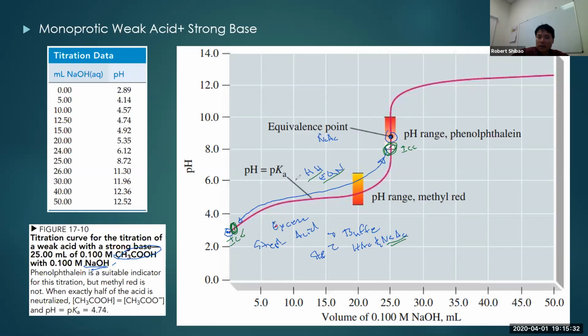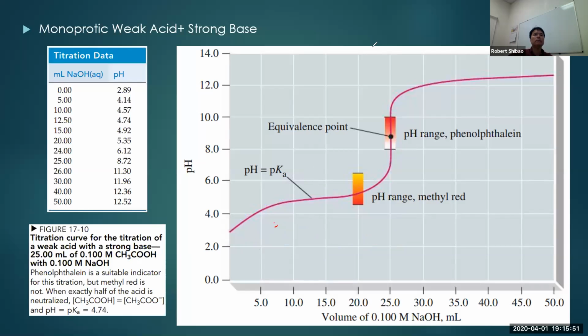But if we can use the HH equation, that means a lot of these calculations are actually very rapid and not too difficult to do. And so I need to write some additional stuff here. To do that, I'm going to just clear this for a second and talk about equivalence points.